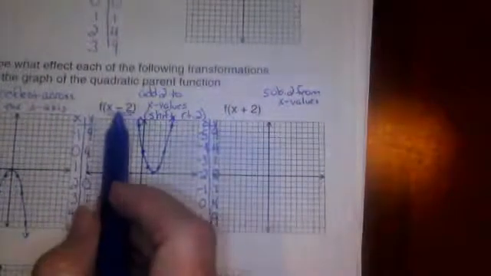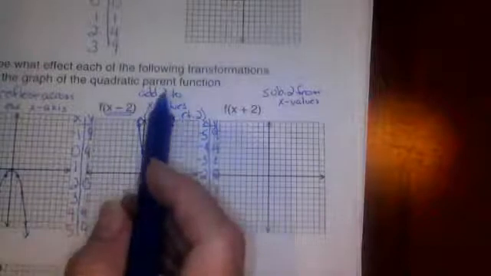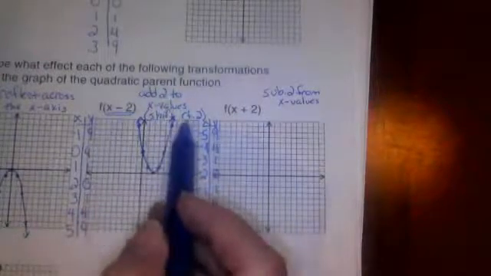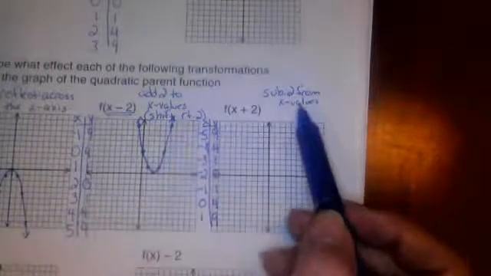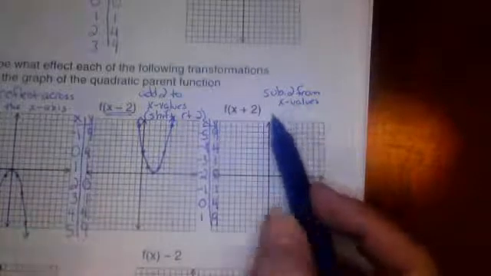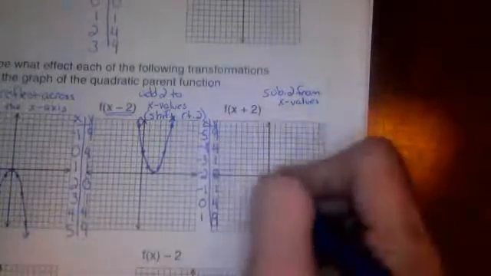And probably if you want to think ahead, if here we added 2 to the x values and it shifted to the right 2, and here we're subtracting 2 from the x's, then it's probably going to shift it to the left 2. So let's go ahead and plot them.